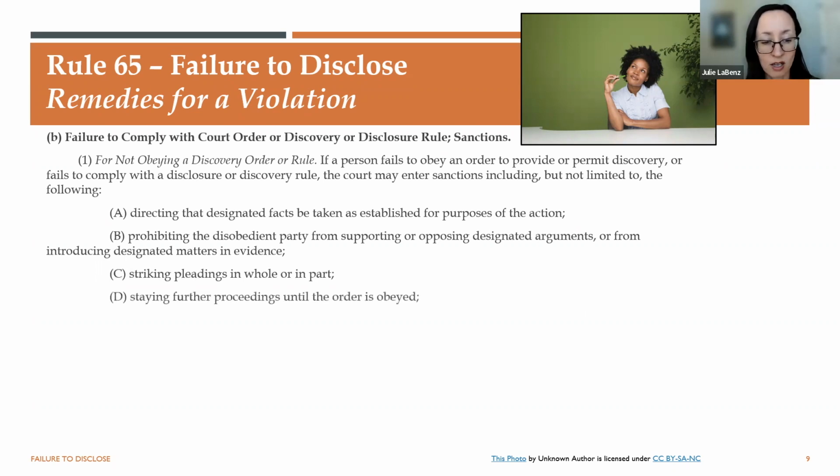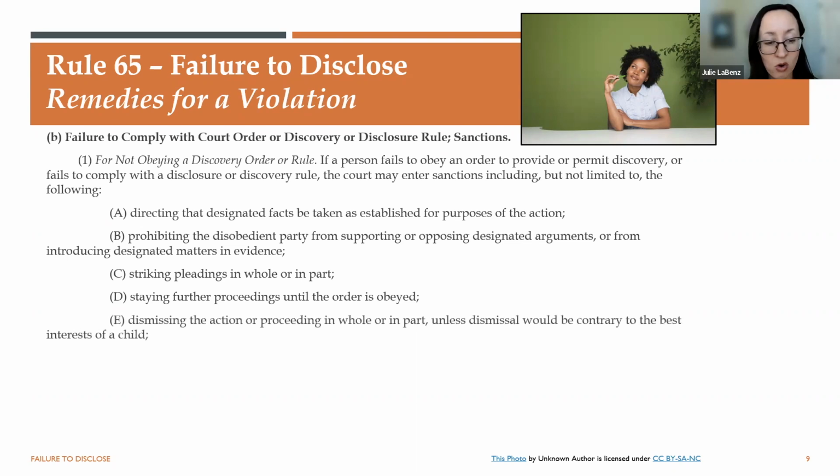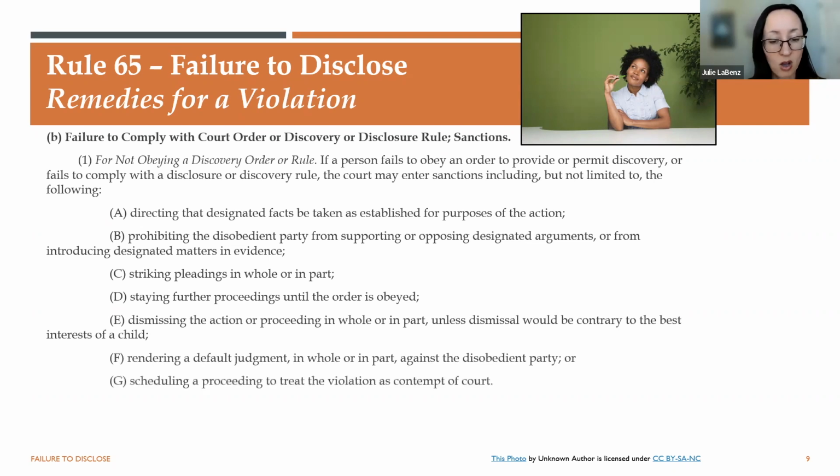The court can stay further proceedings until the order to compel or produce is obeyed. The court can dismiss an action or proceeding in whole or part unless dismissal would be contrary to the best interest of the child. The court can enter a default judgment in whole or part against the disobedient party, or the court can schedule a proceeding to treat the violation as a contempt of court.